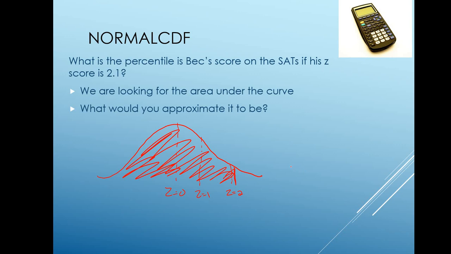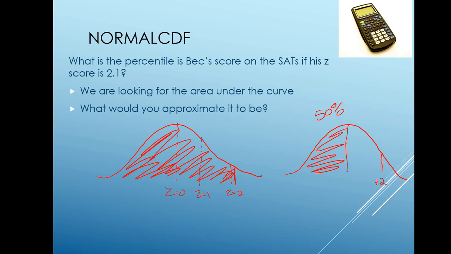Now from the empirical rule, let me just draw another normal curve here. We know that at the median, first let's take the median, this is 50% of the scores. And then we're plus 2, we're 2.1.